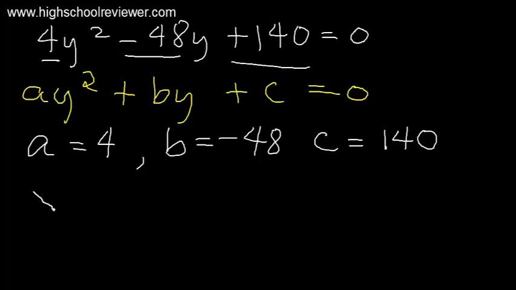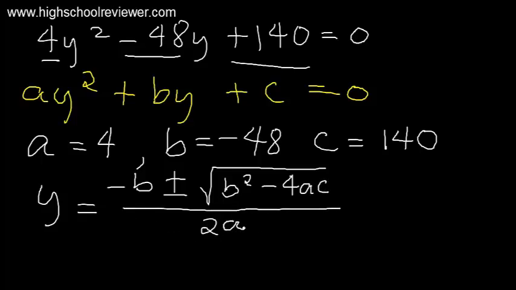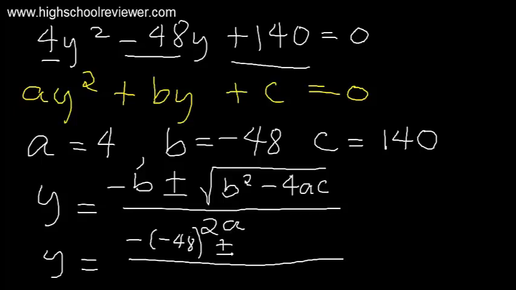Our quadratic formula, okay, this is not x, but this is y. So y is equal to negative b plus minus the square root of b squared minus 4ac divided by 2a. Okay, so our b here is negative 48, so this will be negative times negative 48 plus minus the square root.